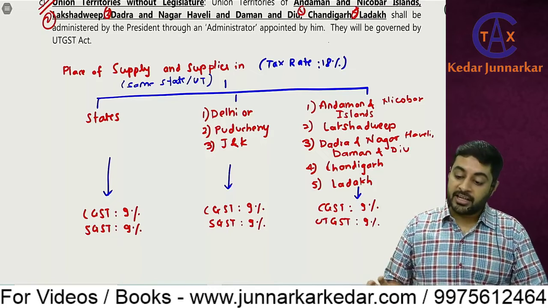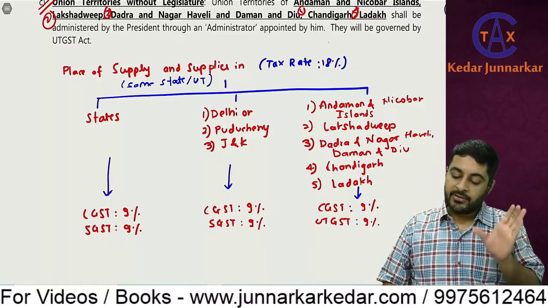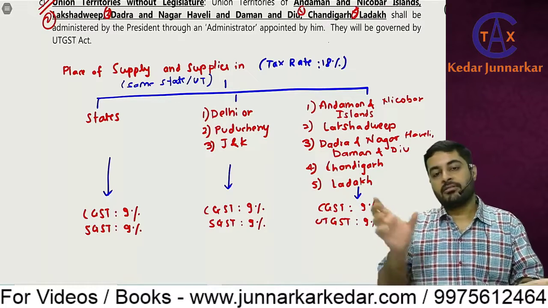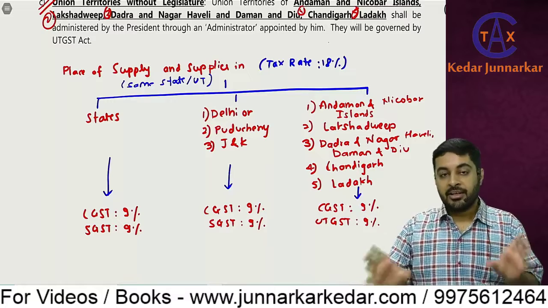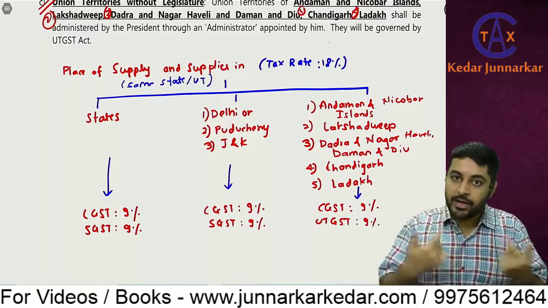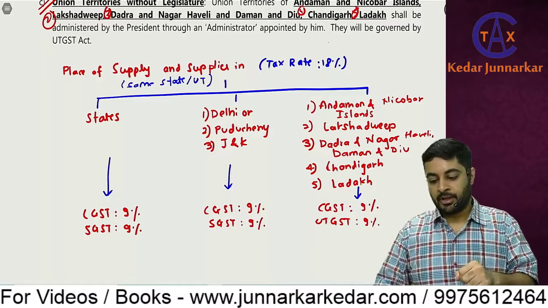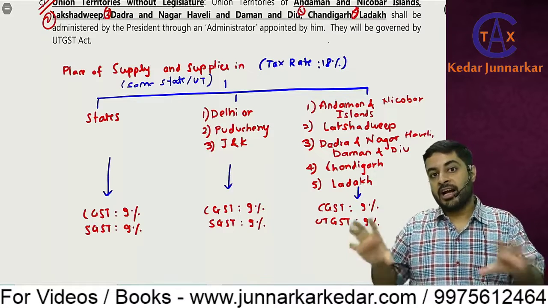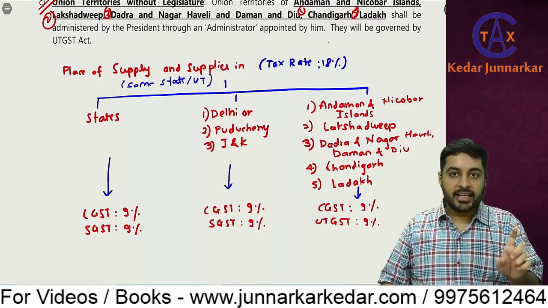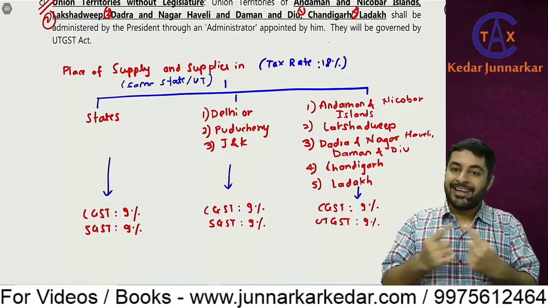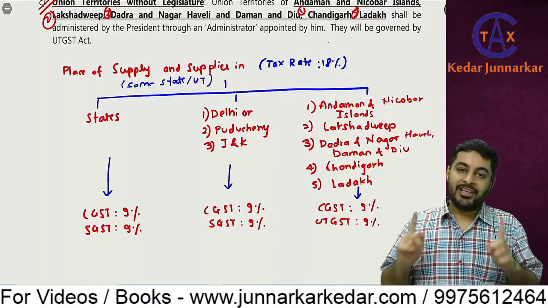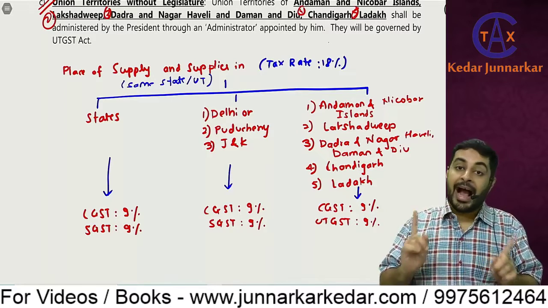What if the buyer is in Daman and Diu and the seller is in Dadra and Nagar Haveli? They are in one union territory only, so in that case CGST and UTGST will be there. Now Jammu and Kashmir and Ladakh are separated. So if the transaction takes place from Jammu and Kashmir to Ladakh, it is between two separate union territories, and in that case IGST will be levied.